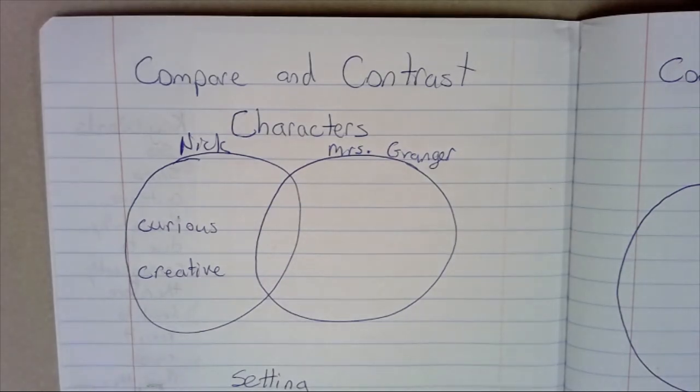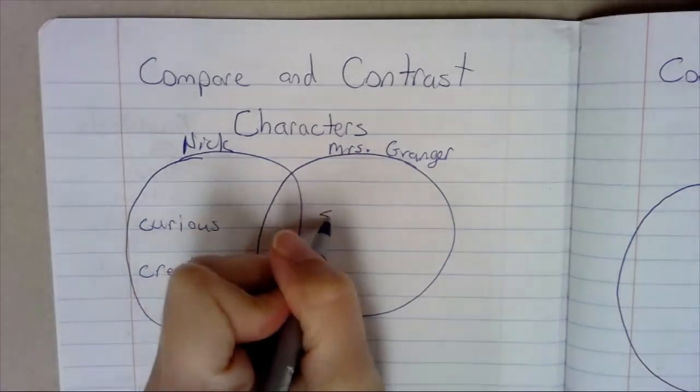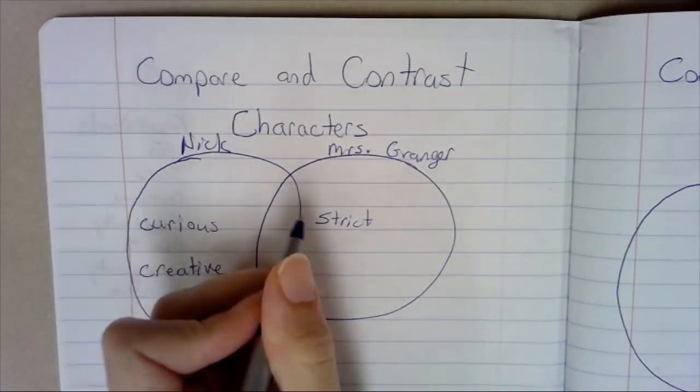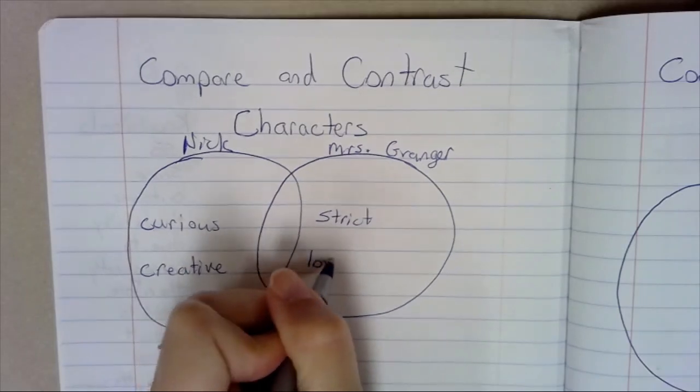Not just starting of the word Frindle, but remember he had a way of asking a teacher a question that would make them talk until the end of class, and then the teacher would forget to give out homework. He tried that with Miss Granger, but it didn't work. So Miss Granger is strict, and she loves the dictionary.